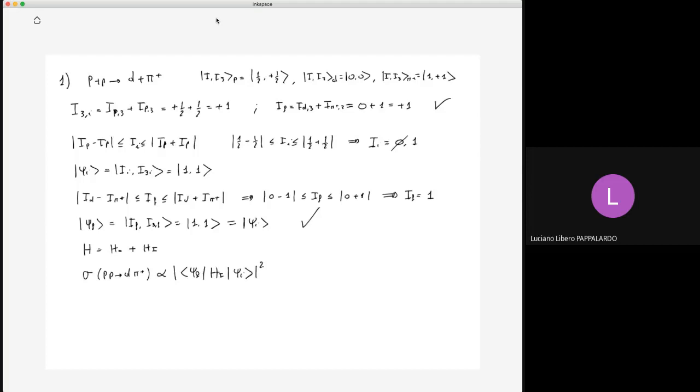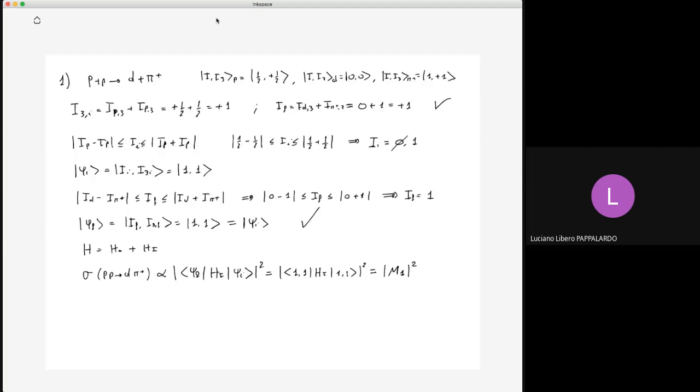We can now substitute our initial and final states: 1, 1, H_I, 1, 1 squared. We can write this in a compact notation as M_1 squared. This is essentially our squared transition amplitude, where the 1 indicates that our isospin is 1 in this case.